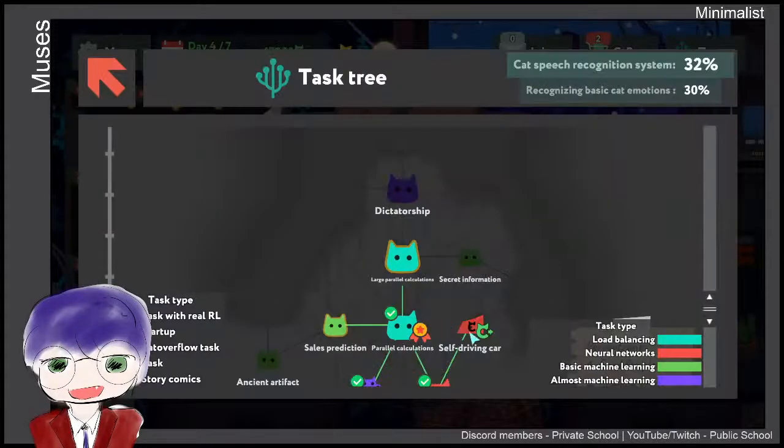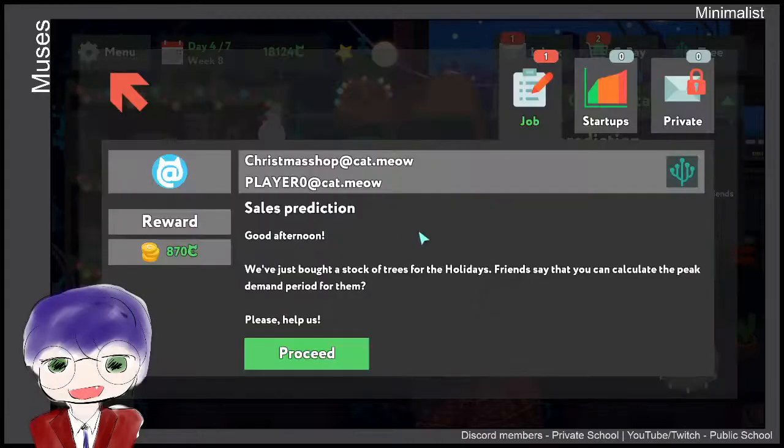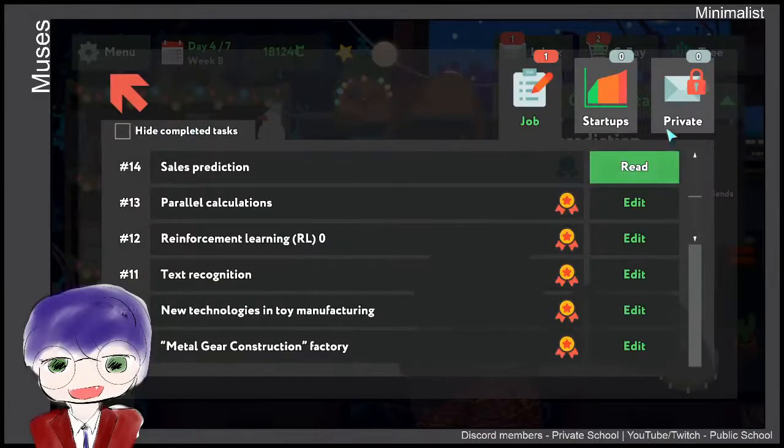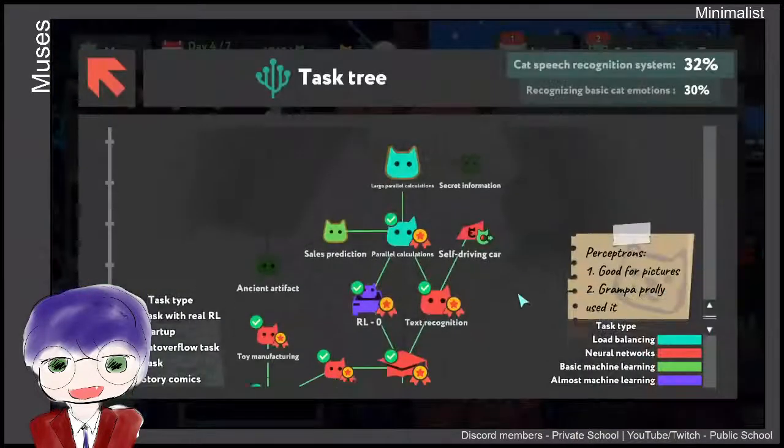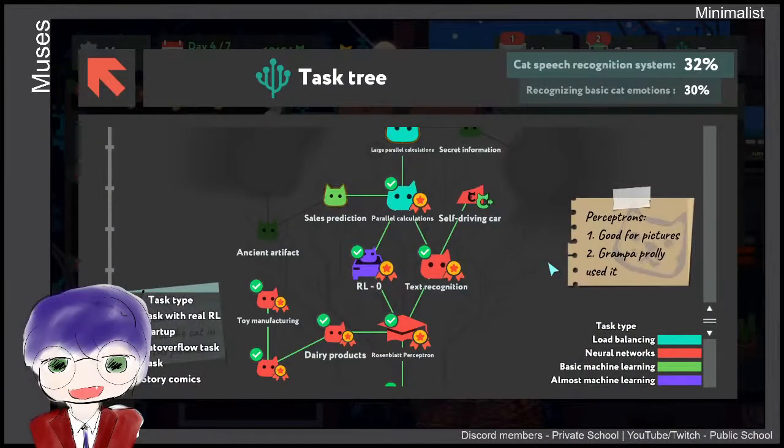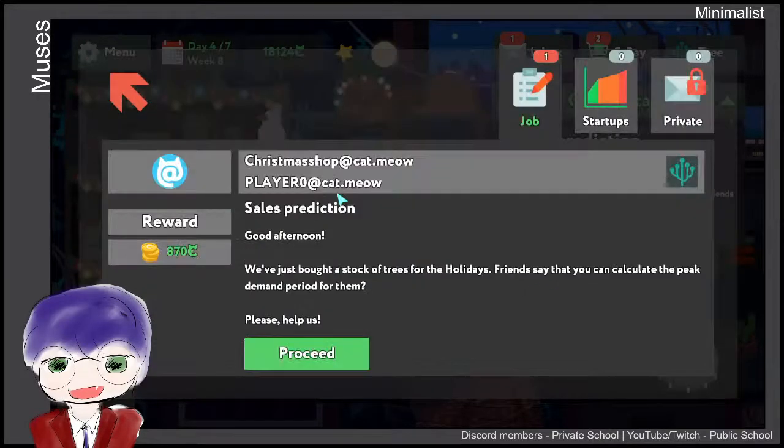Sales predictions. What is green again? This game next is called While True Learn. It's a game that essentially uses puzzles to teach you about machine learning, and it teaches some of our viewers about machine learning.